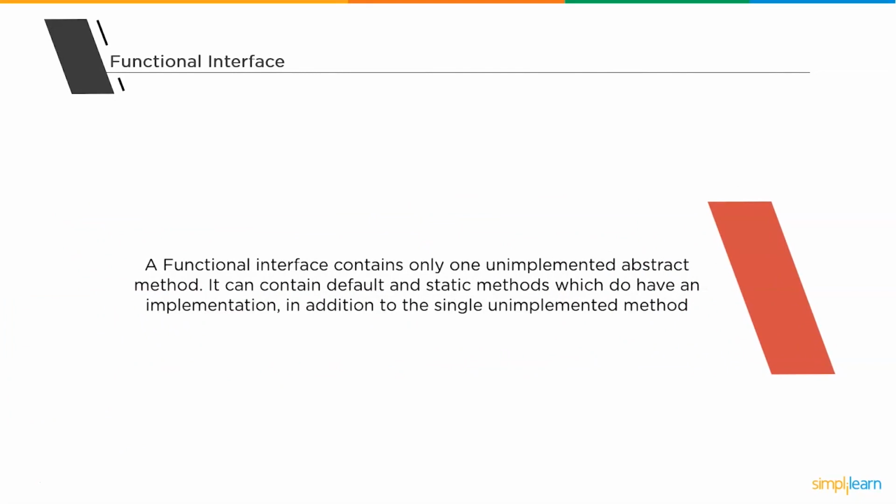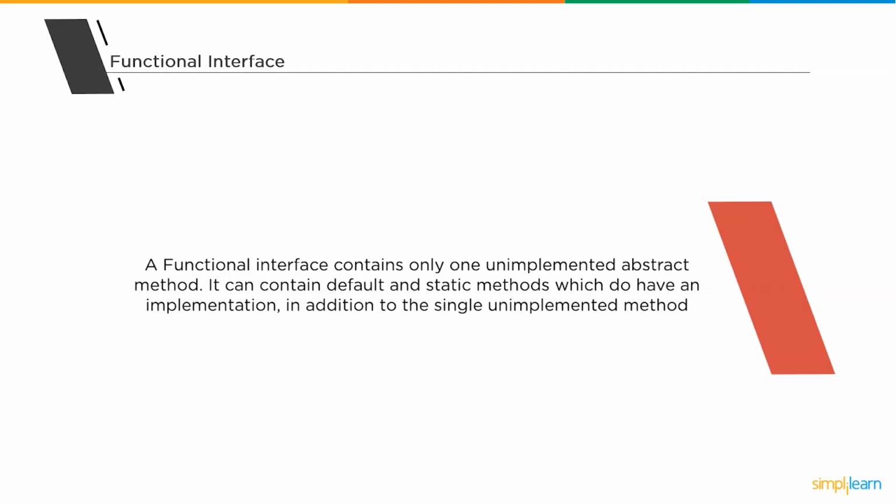It mainly consists of an unimplemented abstract method. And a functional interface can never have more than one unimplemented abstract method inside it. If you try to declare more than one, then automatically we will face a compiler error.